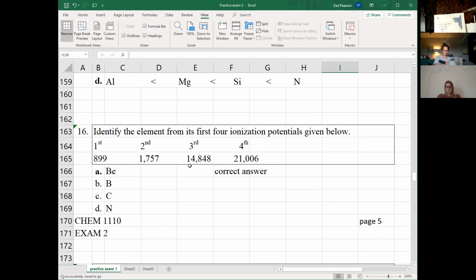Between here, it's about 7,000. So the biggest jump occurs between the second and the third. That big jump, 3, means this is a group 2 element. So if I'm looking on the periodic chart, we're looking for an element that's group 2. Okay.